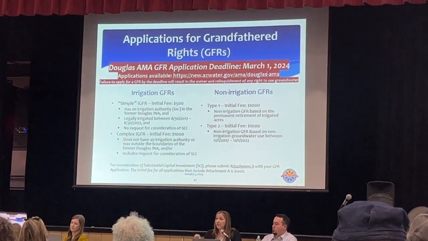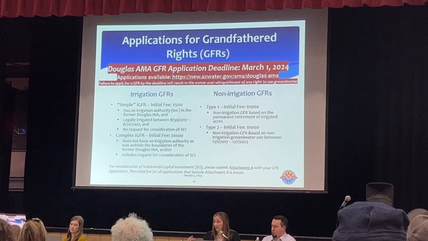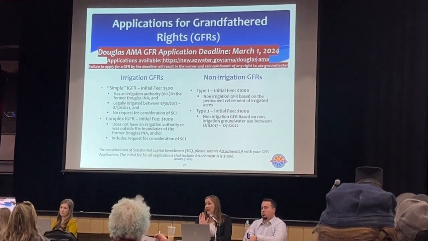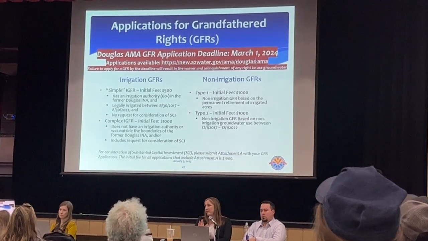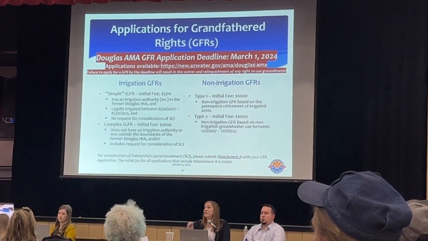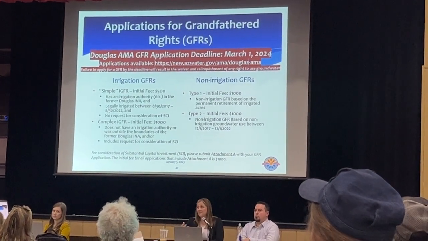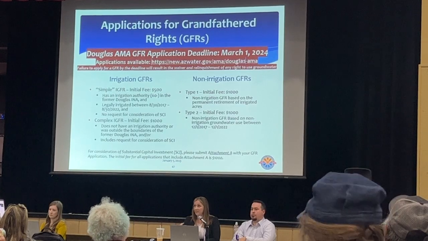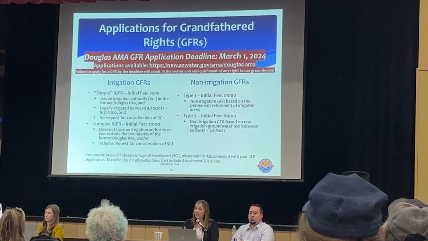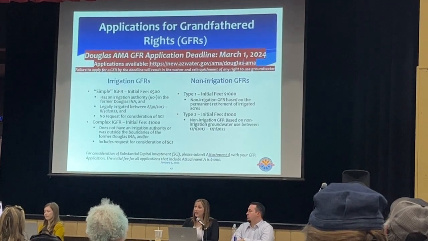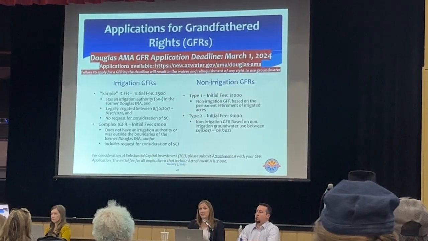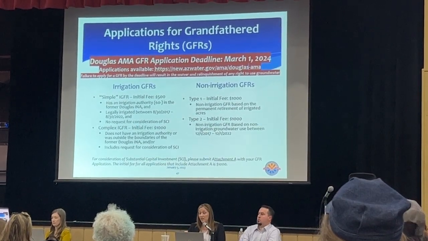For attachment A, where you can claim substantial capital investment, that's just included with one of these other applications. That's not an additional fee, you just include it as a part of one of these other applications. But substantial capital investment, because it's such a fact-intensive type of consideration, on the irrigation side is always going to be a complex application. So any application that includes consideration of substantial capital investment, that initial fee is going to be $1,000.